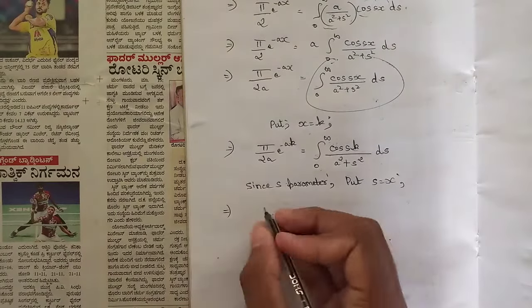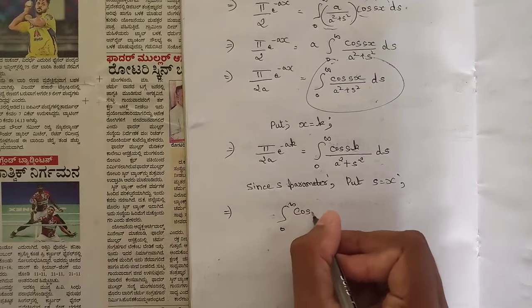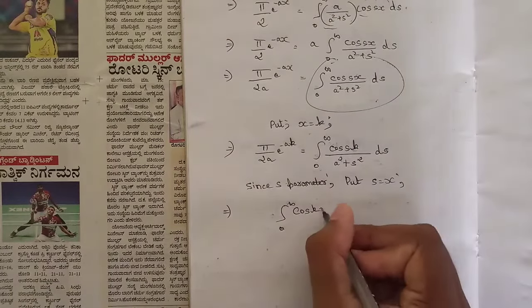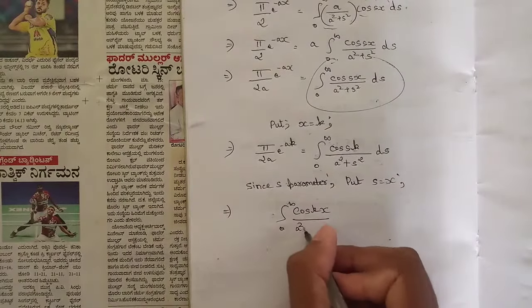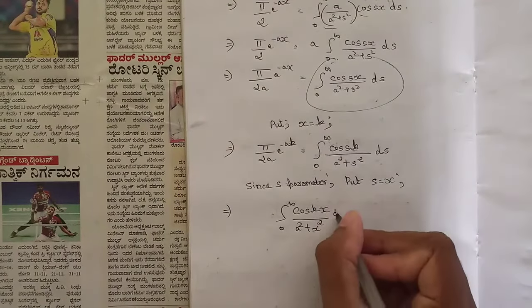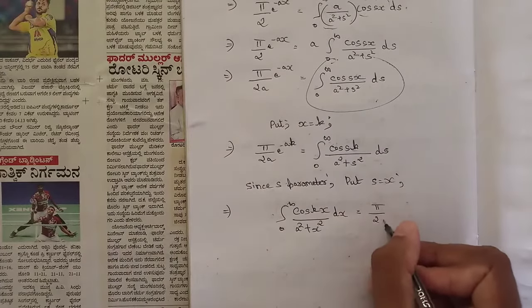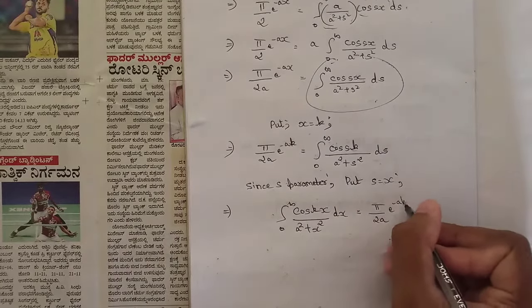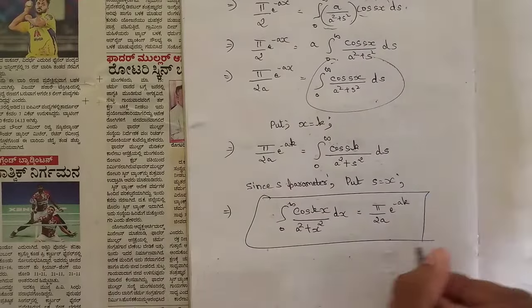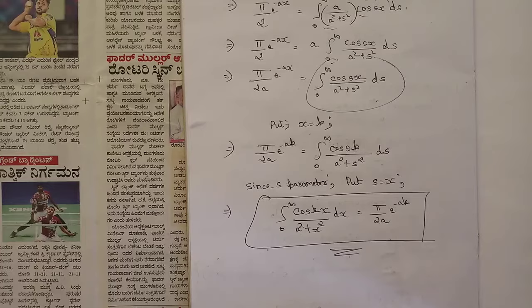So now finally if we substitute s is equal to x, we get cos k x divided by a square plus x square into dx is equal to pi by 2a into e to the power minus ak. So this is your required answer for the evaluation.